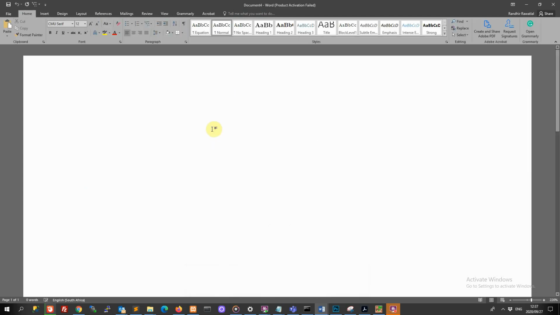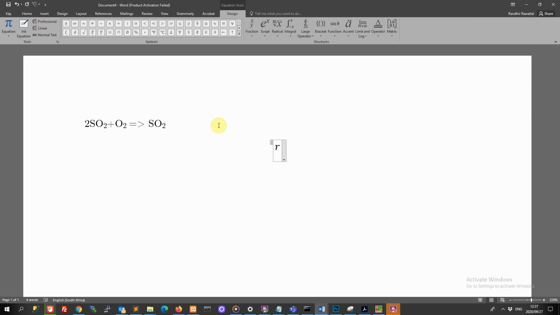So if the reaction is elementary, and if the reaction looks like this, 2SO2 plus O2 giving us 2SO3, we said that if it's an elementary reaction, then simply R equals K times C_SO2, and this is going to be squared.